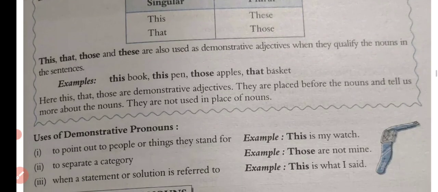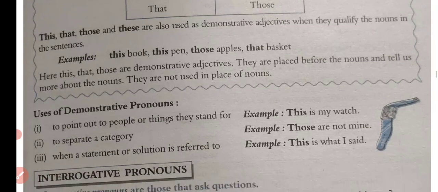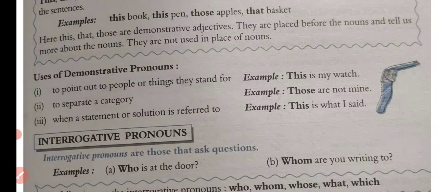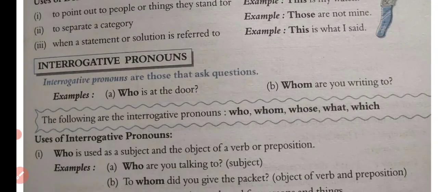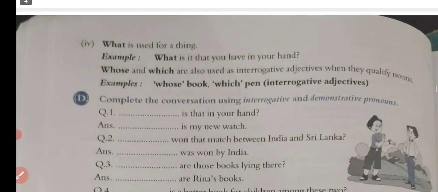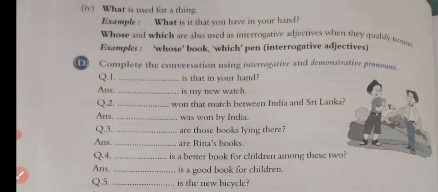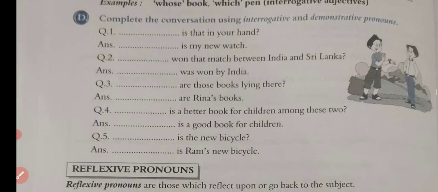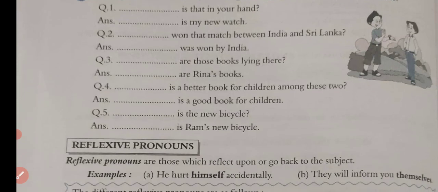Okay. And you know, reflexive pronouns are used when the subject and the object of the verb are the same person or thing. Words like myself, herself, yourself are known as reflexive pronouns, and emphatic too. Emphatic pronouns are used for emphasis.